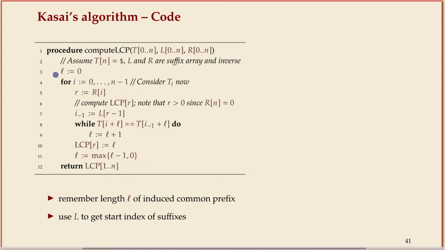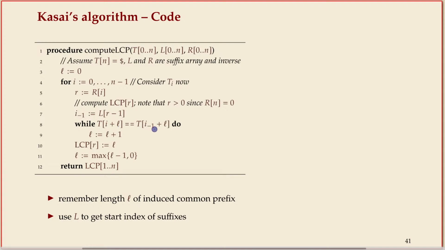L remembers the match that I found so far. Then I go through all the suffixes in text order. I look where it is on the right-hand side, that's my rank array. I take the suffix above me and find where that starts in the text. Then I do my naive check, but I start with these L matches that I inherited, so those I don't check.